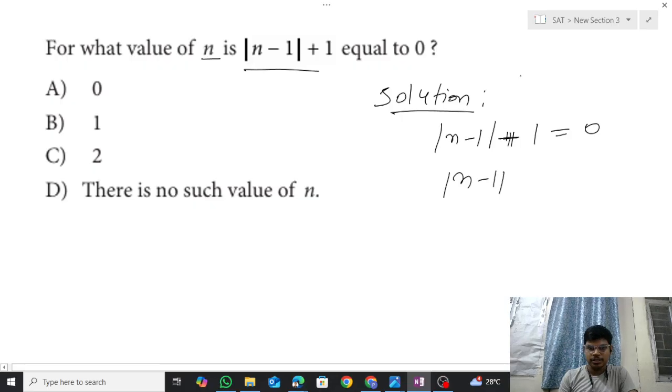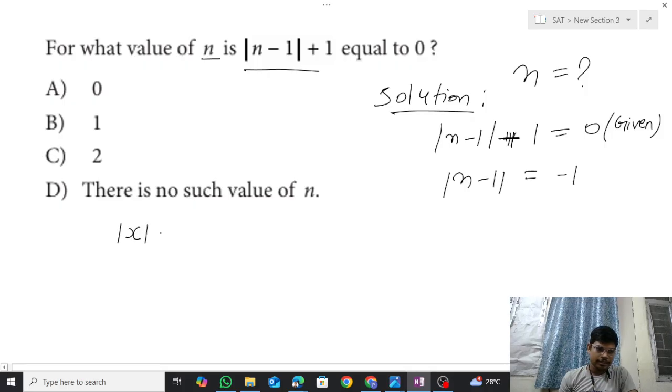So modulus of n minus 1 plus 1 is equal to 0, which means modulus of n minus 1 is equal to minus 1.